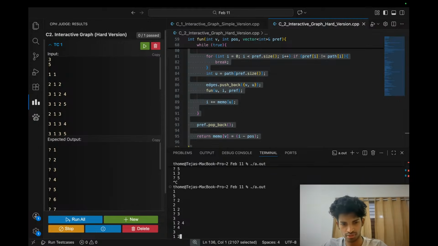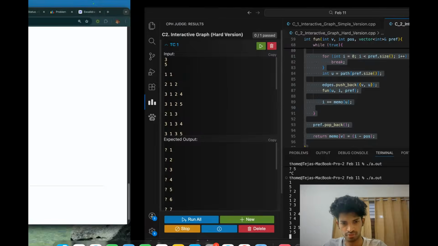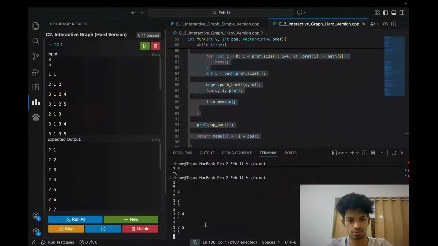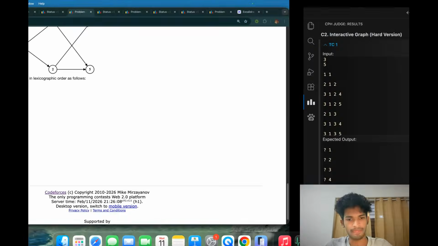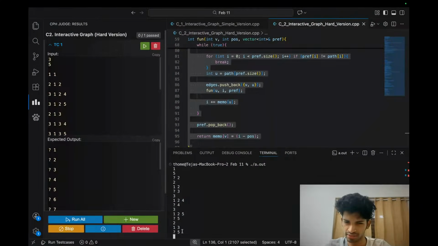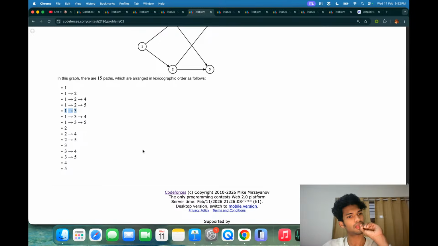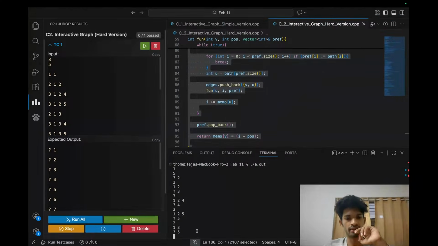Fourth path. 3, 1, 2, 5. Fifth path is 1 and 3. So it is 2, 1, 3. Wait, why is it asking me fifth path again? This should be bad, right? This should not have happened somehow.